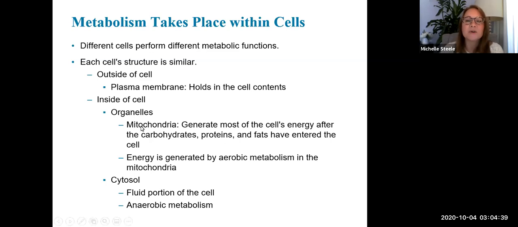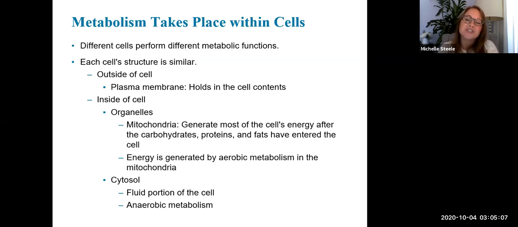We have something known as a mitochondria, which is one of the organelles inside of the cell. And it's in this mitochondria where it generates most of the cell's energy after those carbohydrates, proteins, and fats have entered the cell. So metabolism and that energy is going to take place in the mitochondria.